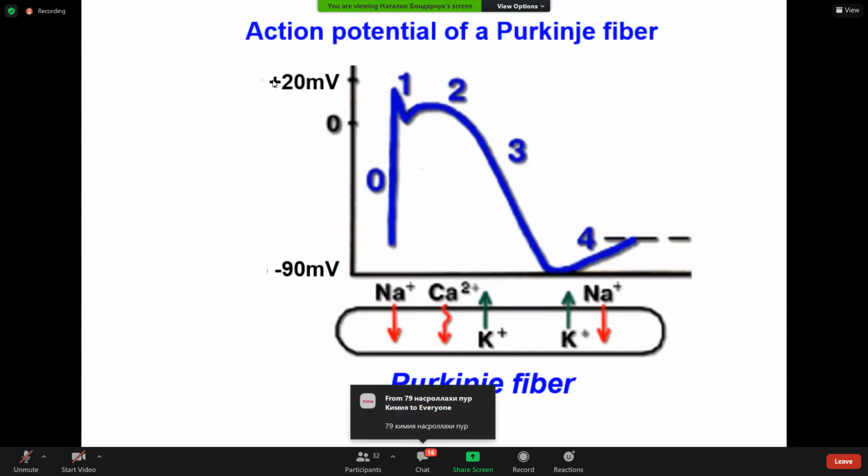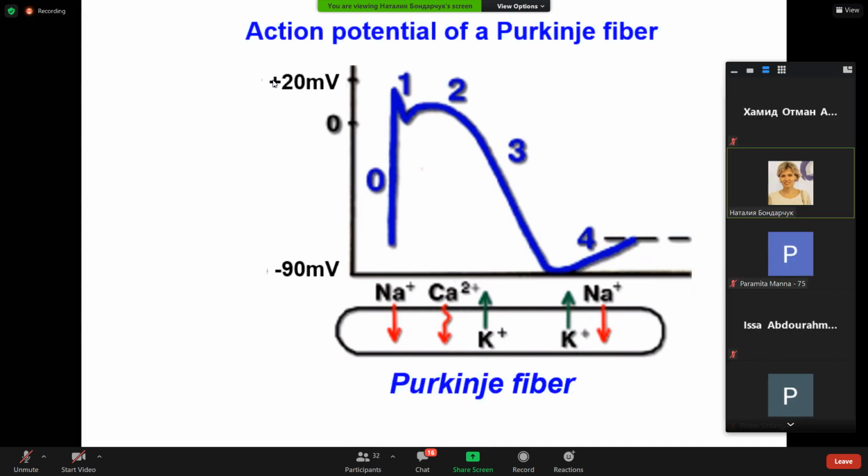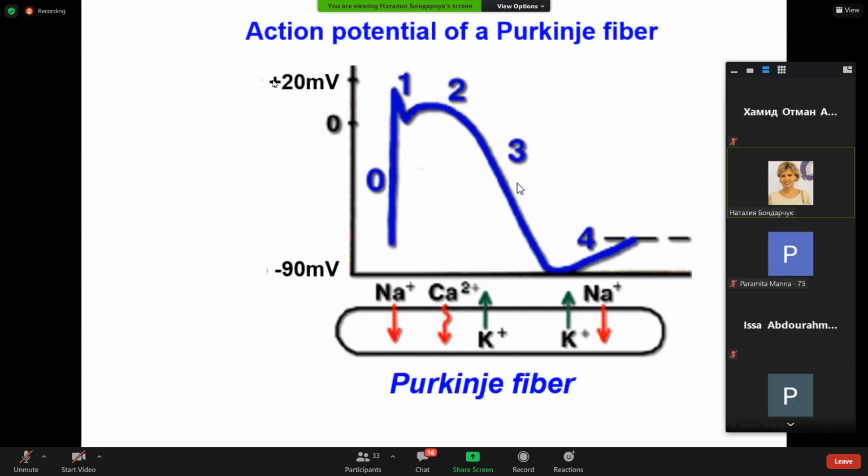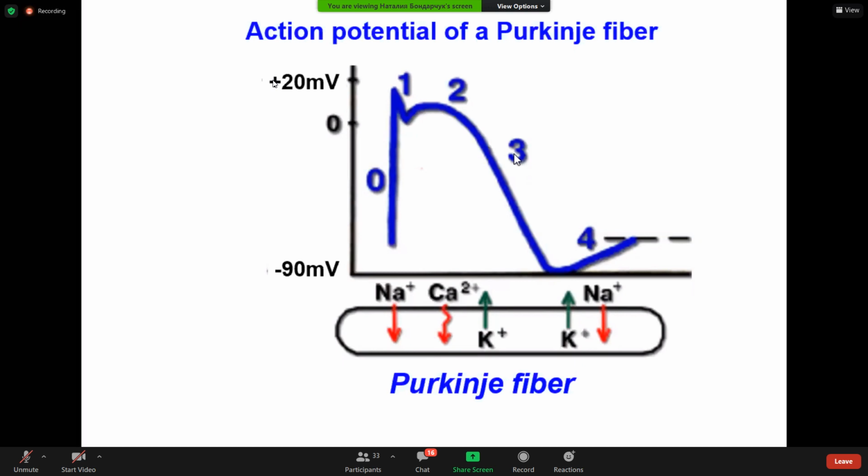And we have such antiarrhythmic drugs with the predominant action on the third phase, class 3 drugs according to international classification, thereby converting a unidirectional block into a bidirectional block.